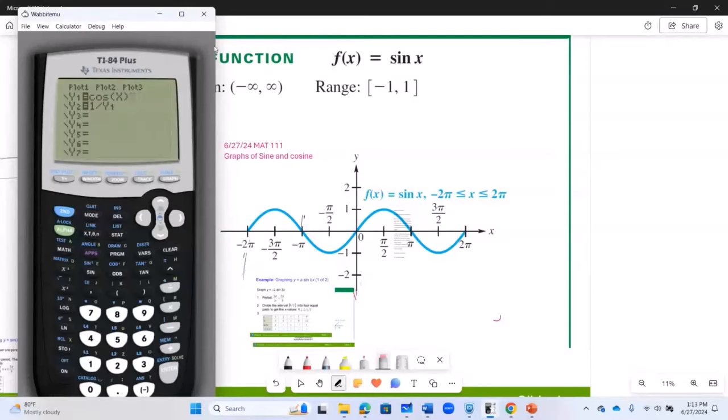I'm going to graph both functions. I started from -2 pi to pi, and I would like to use the range I used for cosine, the y-axis.